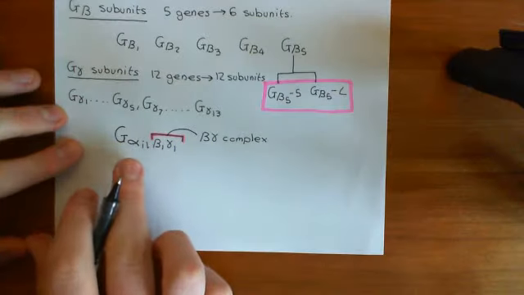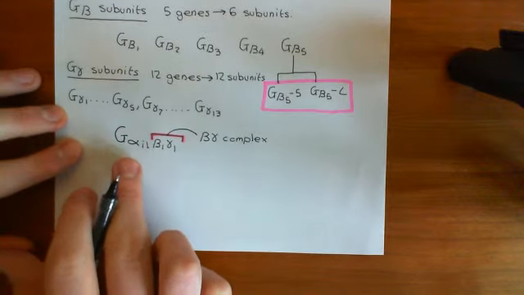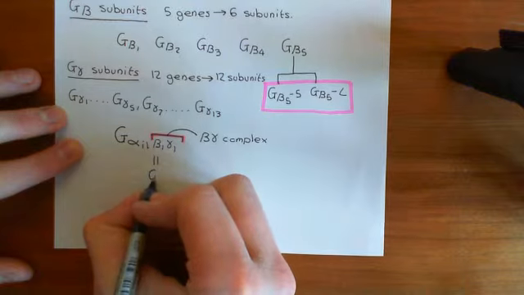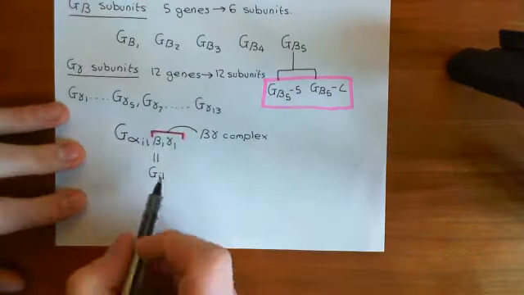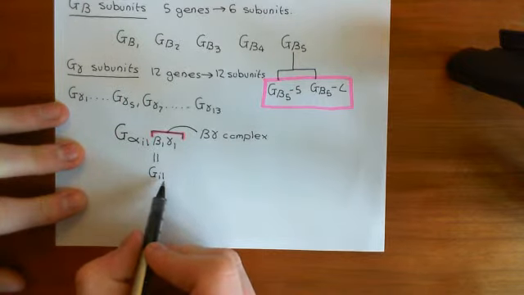Instead, people label their heterotrimeric G protein according to which alpha subunit it has. So you might see this referred to as a GI1 heterotrimeric G protein, which tells you that the alpha subunit is alpha I1, basically.